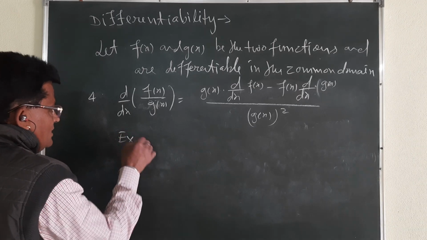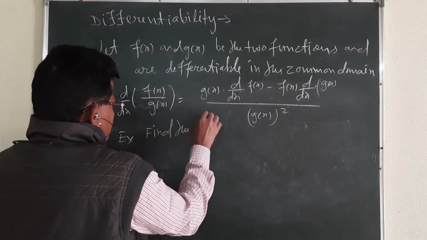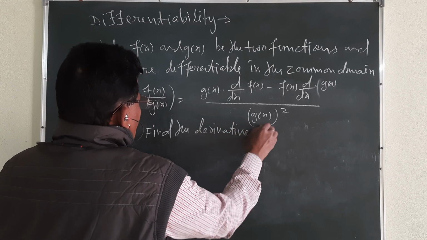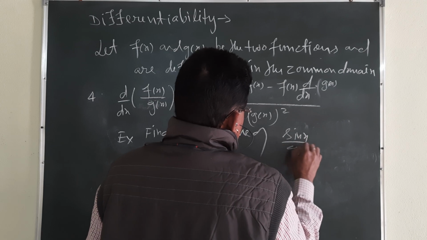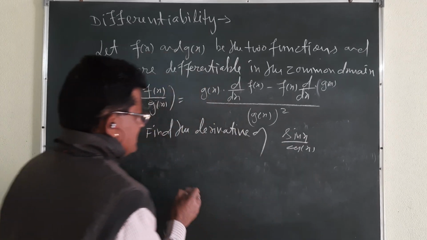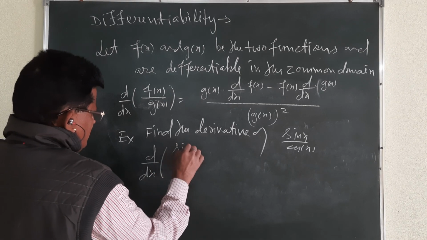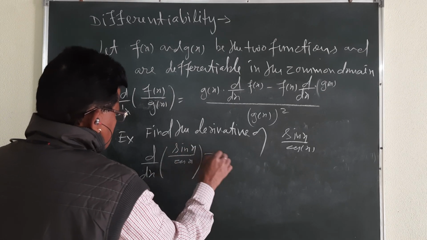Let me take the example. Similar kind. Find the derivative of sin x upon cos x. Very simple. A similar kind of thing you can use whenever the function is given in the cosine form, dear student.